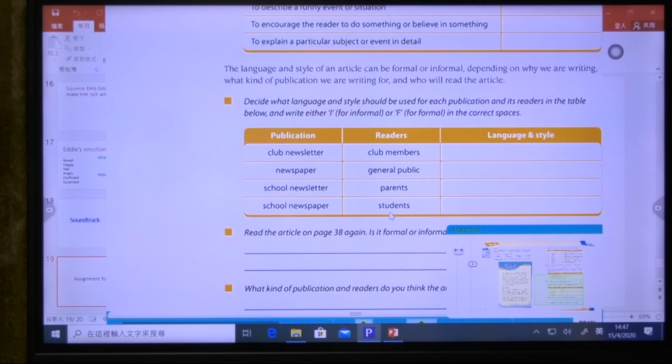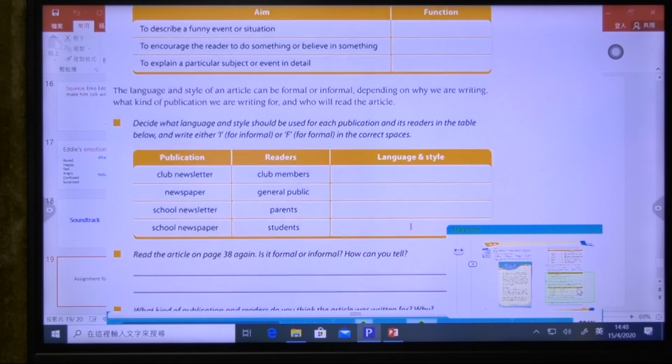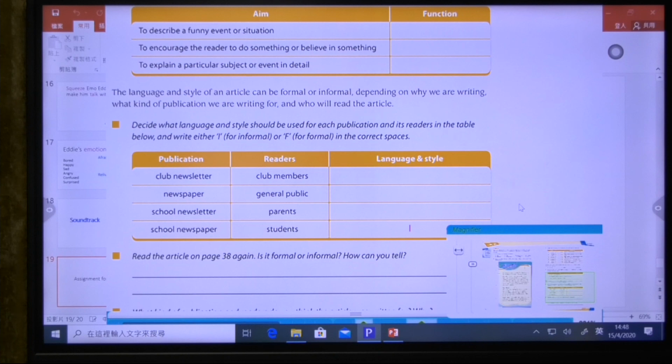It is written for students. So you can say, hi everyone, how are you? Today I am not very happy. This kind of style, you can say it's I, informal, right? So where is the I and where is the F? You need to write down. This is the first exercise that I'll give you.